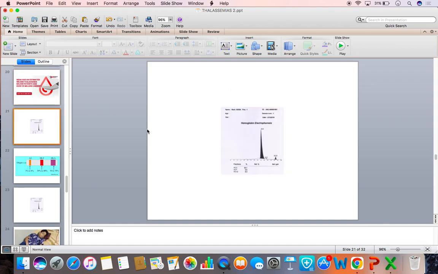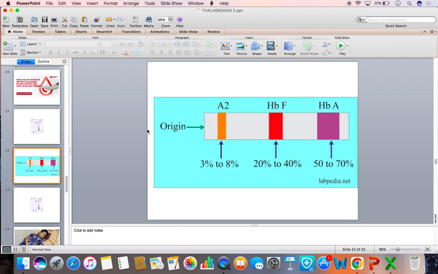This is the hemoglobin electrophoresis showing the elevated HbF level and elevated HbA2 levels. This is the pattern you see in the hemoglobin electrophoresis in a patient with thalassemia major. A2 is 3 to 8%, whereas normally it is less than 2%, maximum 2.5%. HbF is normally less than 5%, and it is elevated beyond 20 to 40%.